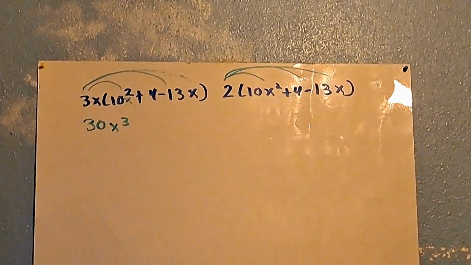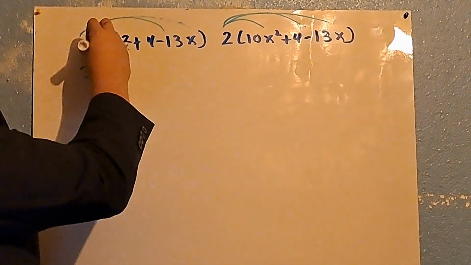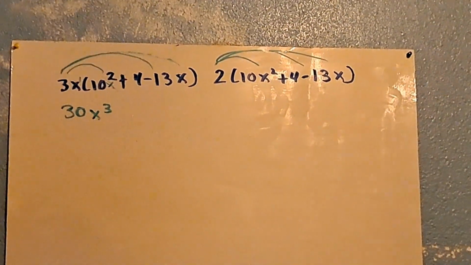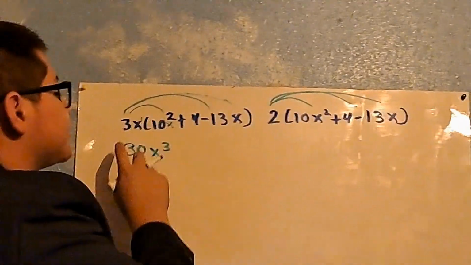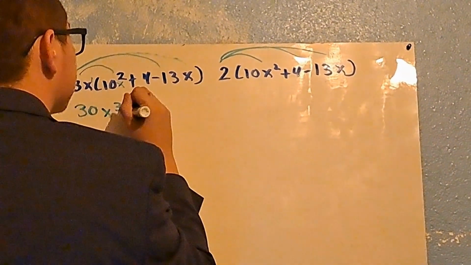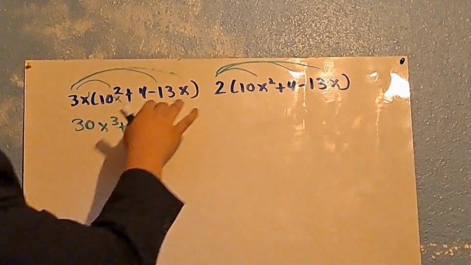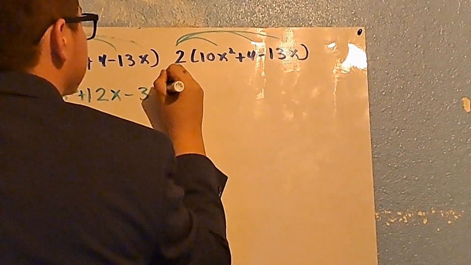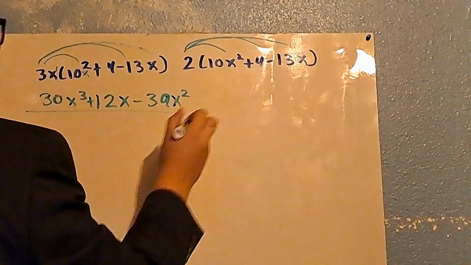And because we're multiplying powers of x, we add the invisible 1 to the 2, which equals x cubed. Now, after this, we continue on. For example, 4 times 3 would equal 12, so 12x, and minus, because we're dealing with a negative here, minus 39x squared. So we have our first problem.